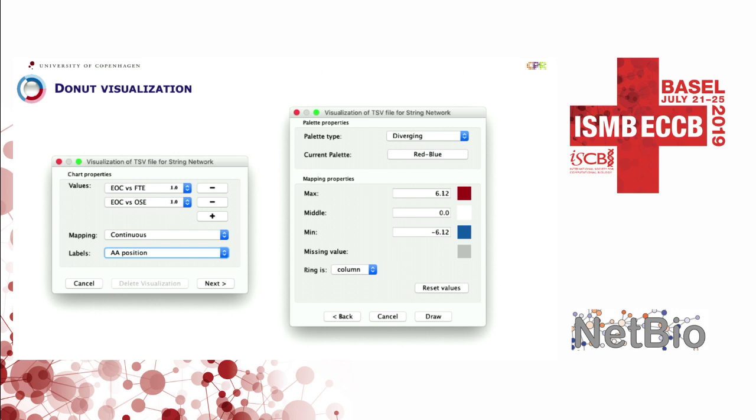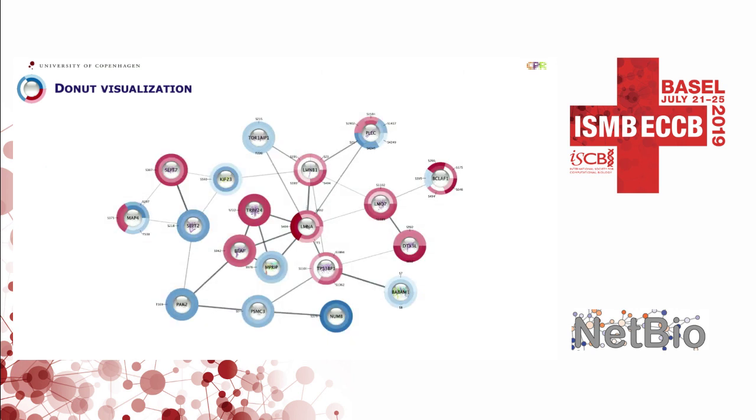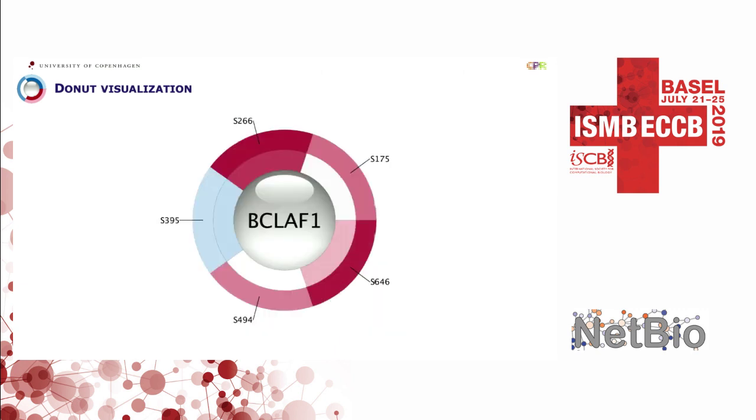We can also add labels to our visualization. Here, I want to identify which slice is which site, so I will add as label the amino acid position of my site, and then I will have something like that, where each node, similarly to the pie visualization, has slices corresponding to the different sites. Here we can see the labels that are added.